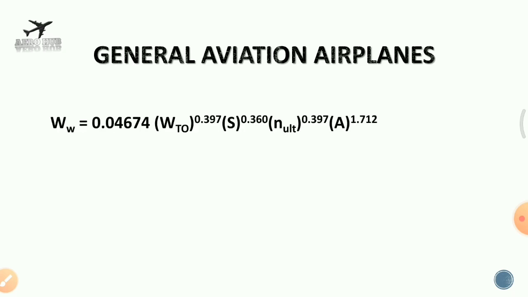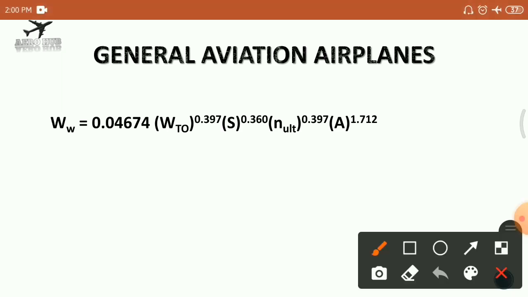This is the equation used to estimate the weight of the wing of a general aviation airplane: 0.04674 into WTO, which is the maximum takeoff weight, power 0.937, into S, which is the wing area, power 0.360, into N ultimate, which is the design ultimate load factor, and A, which is the aspect ratio, power 1.712.